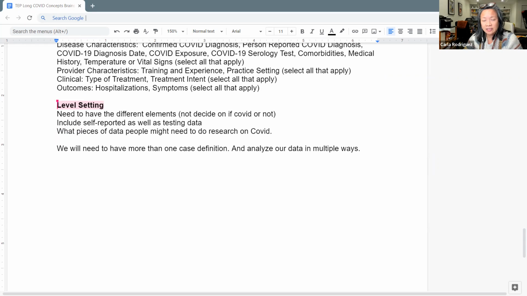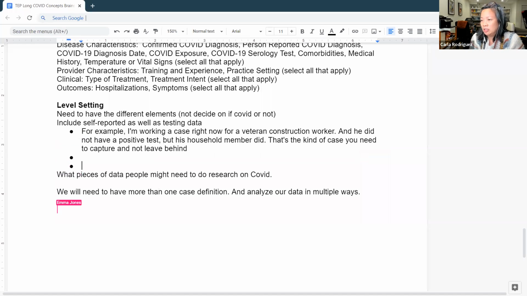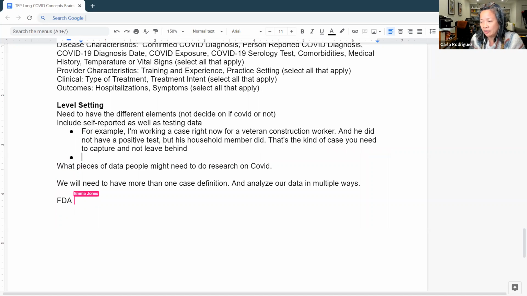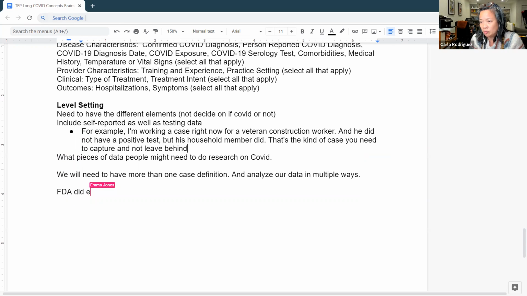Thanks, Gay, and thanks, Jenna, for that level setting. This is Carla from the Reagan-Udall Foundation for the FDA. We had done some early work in trying to gather our community on our evidence accelerator to talk about data domains, elements, and data sources that might be important for describing post-acute SARS-CoV-2 or long COVID.